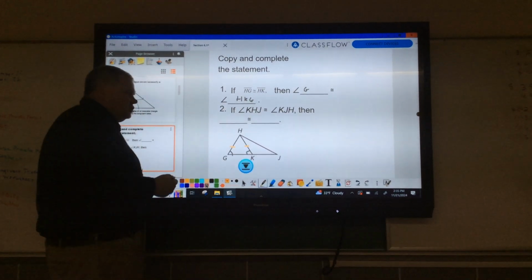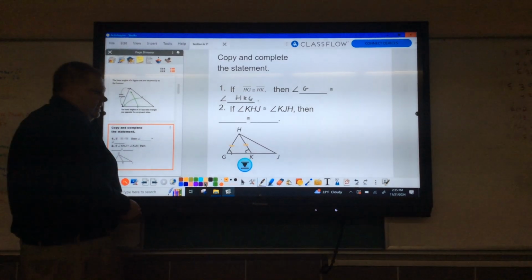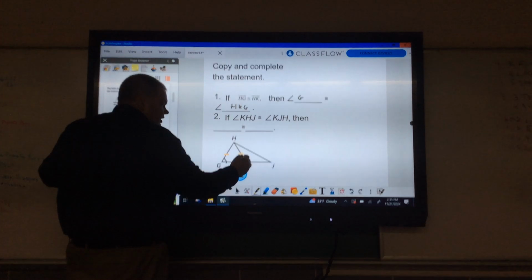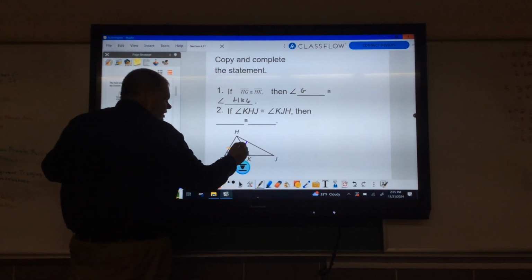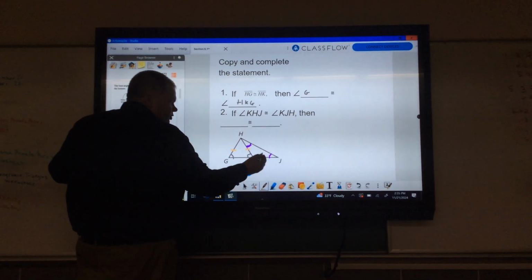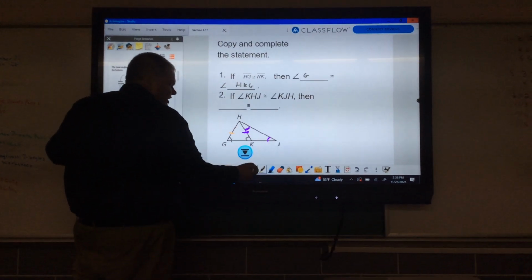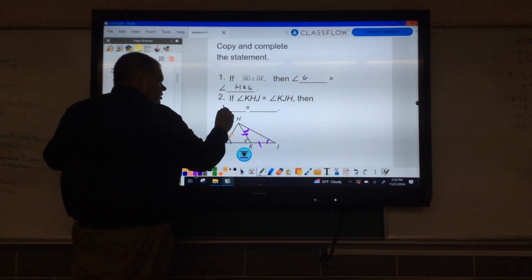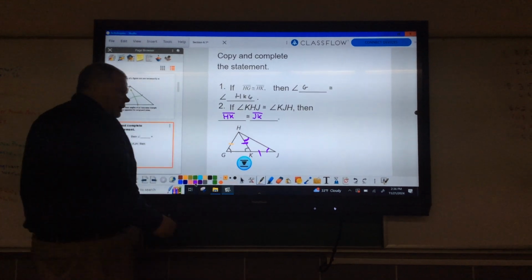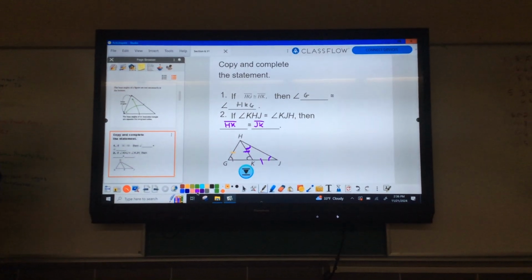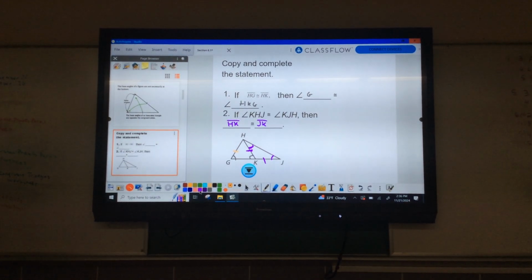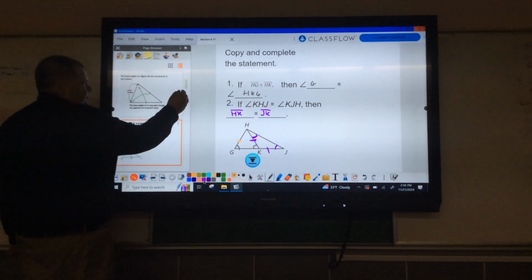We have to use HKG because there's two angles at K. And then similarly, if you have angle KHJ congruent here with angle KJH down here, then the two sides across from them, which is HK and JK, are going to be congruent also. Okay, so when you have a side that's congruent, the angle opposite it is congruent, or if you have an angle that's congruent, then the sides opposite of them are the same.